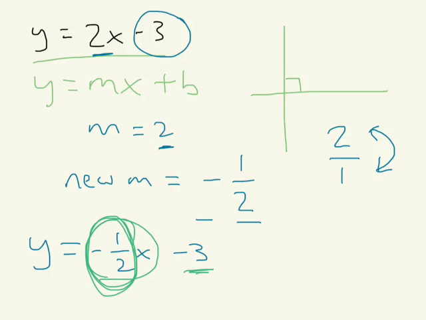We changed the sign from positive to negative, and we flipped the whole thing upside down. It used to be 2 over 1, we changed it to 1 over 2. So if we were to graph this, we would go down 1 and then over 2. So again, the slope of a perpendicular line is the opposite reciprocal, which means you change the sign and you flip it upside down.